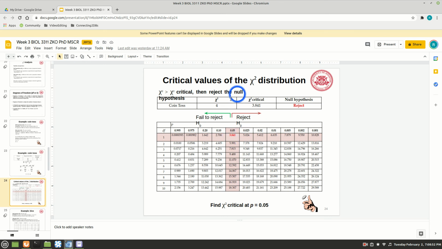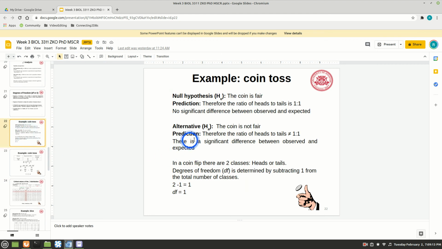Be aware that in the wording on this particular one, we had a null hypothesis and an alternative hypothesis, and you have to be clear on which one is saying your ratio is the same as the model and which one is saying it's different than the model. If you remember up here, the null is the same, and the alternative is that our proportion is not the same. It's not 1-to-1. So keep in mind what H0 and HA say.